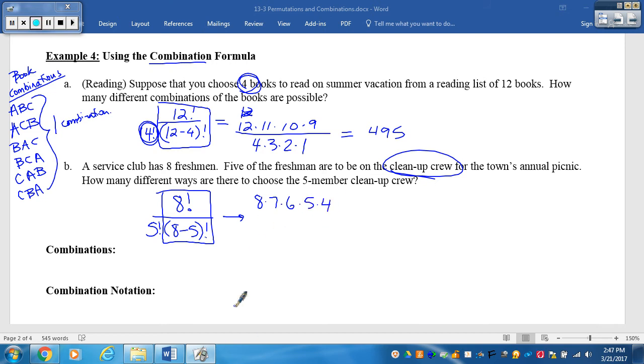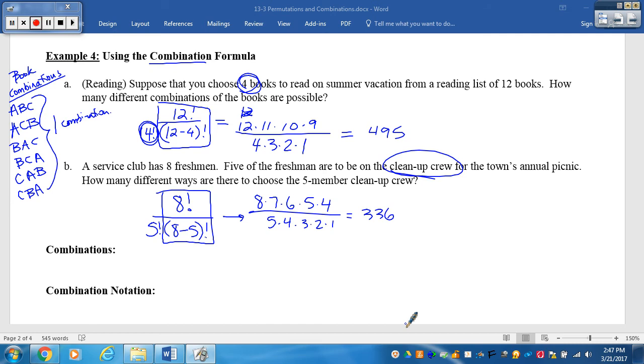And that's over 5 factorial. And so in the end, we end up with 336 different ways for a 5-member crew to be chosen from an 8-member crew. Again, order, is it important or not with this certain problem?